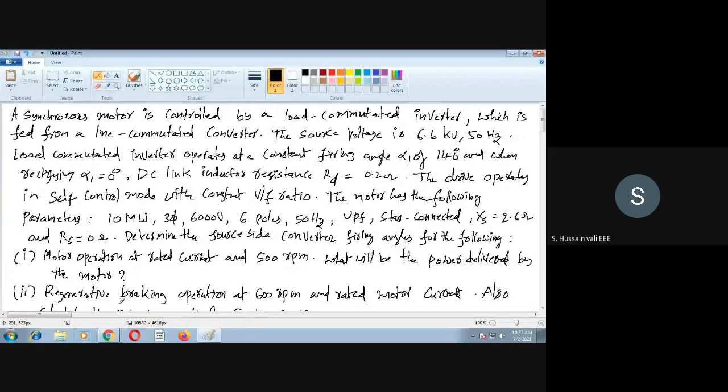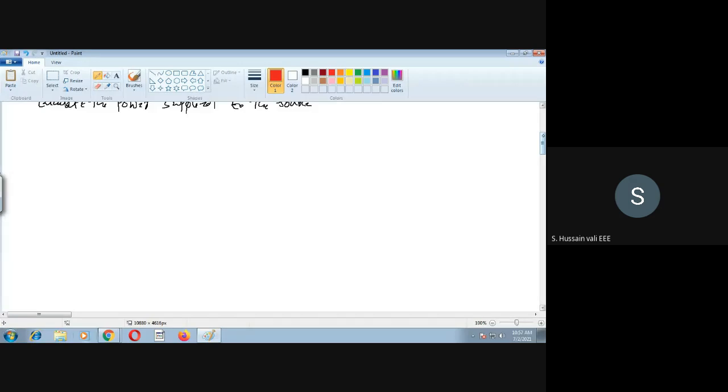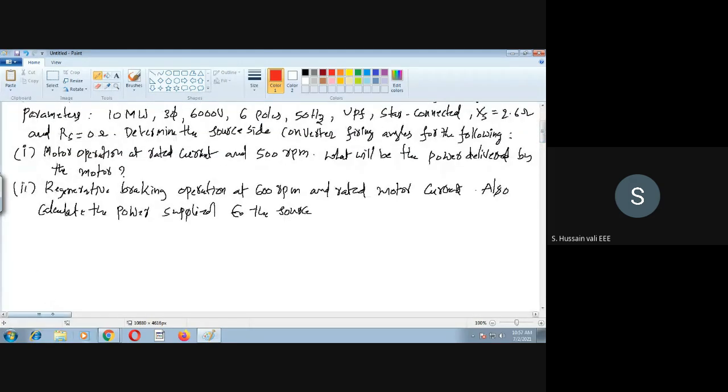A synchronous motor is controlled by a load commutator inverter, which is fed from a line commutator converter. What is meant by line commutator converter, and what is meant by load commutator inverter here? I have already drawn the circuit diagram, so I will show it.